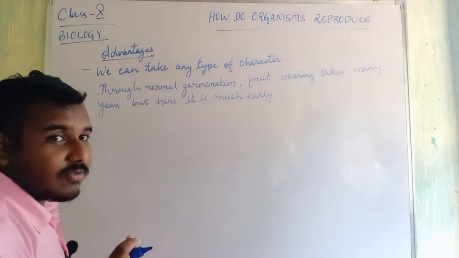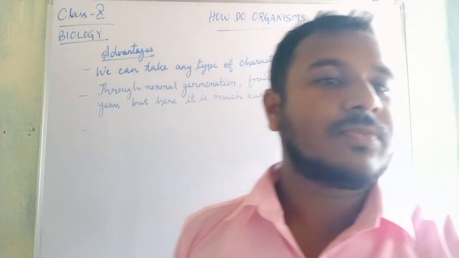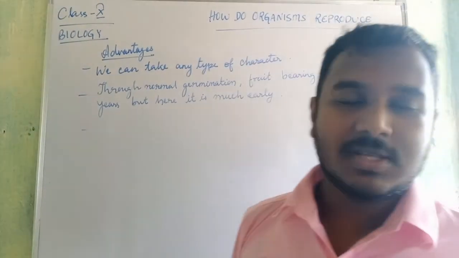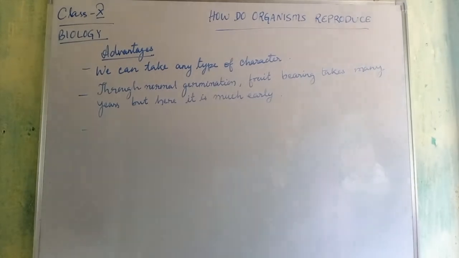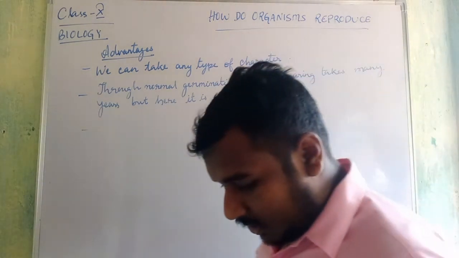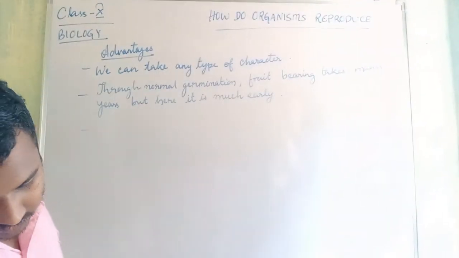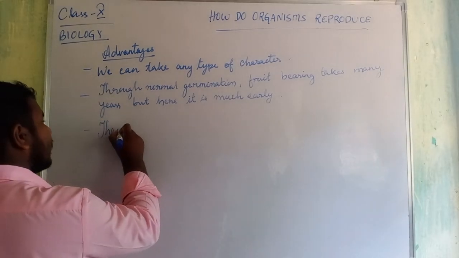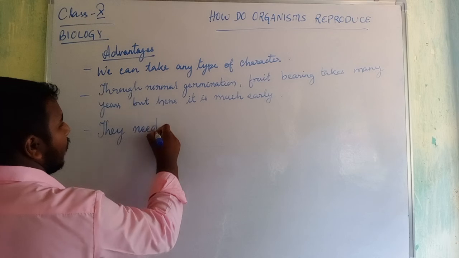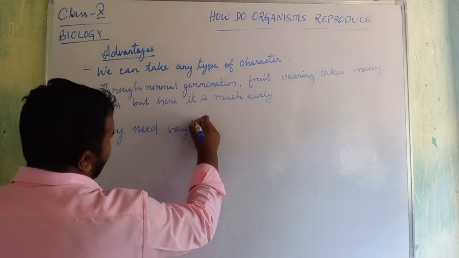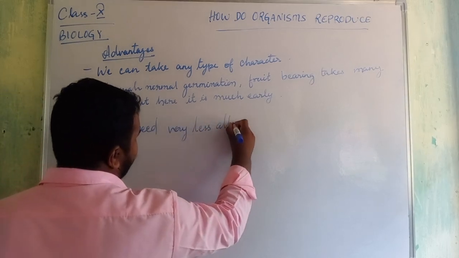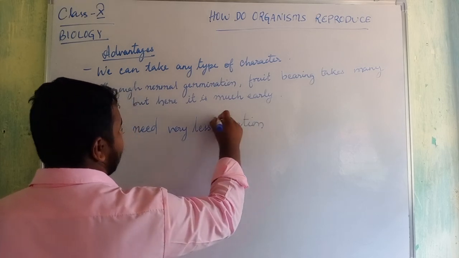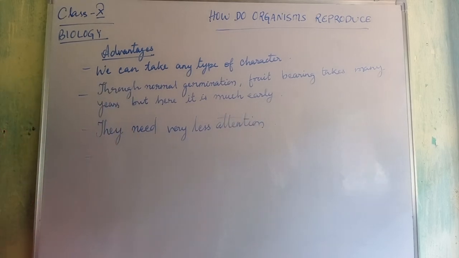Then what is the third one? I am going to write that one. The third one is, you will write here, they need very less attention, which means very little attention is needed by them.